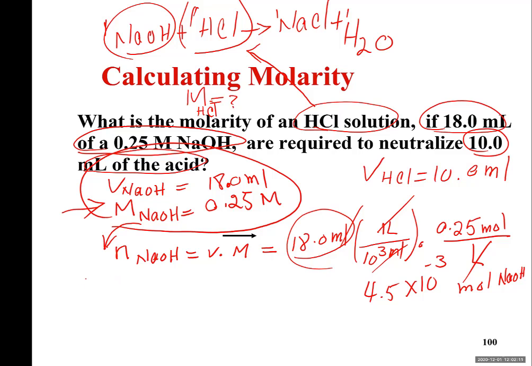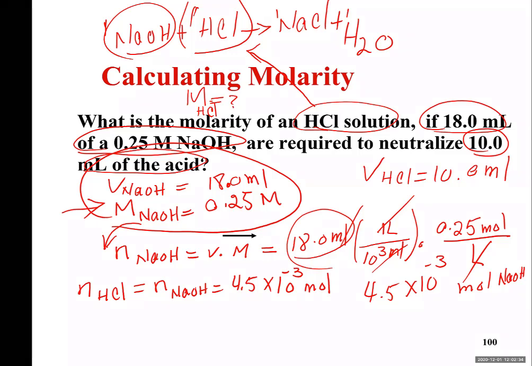So can I say the number of moles of HCl is equal to the number of moles of NaOH, which is equal to 4.5 times 10 to minus 3 moles? Can I say that? So we have the number of moles of HCl.